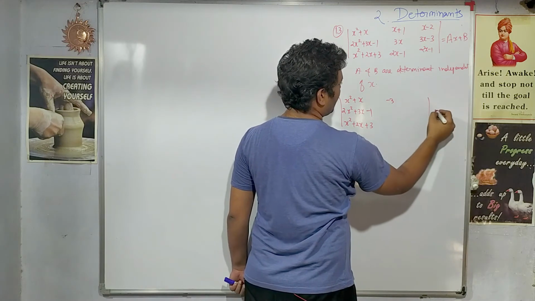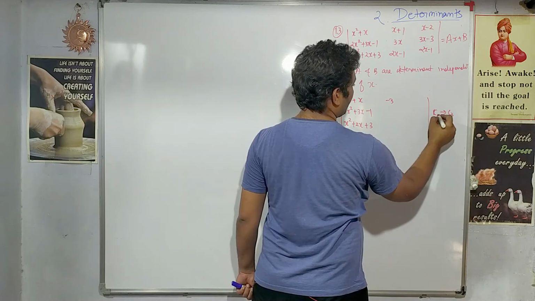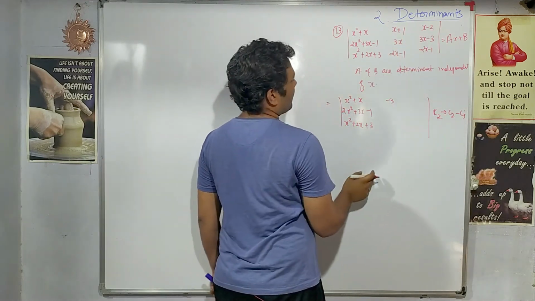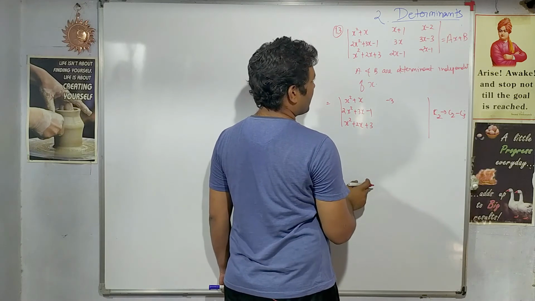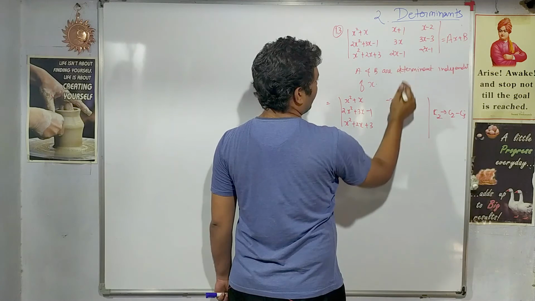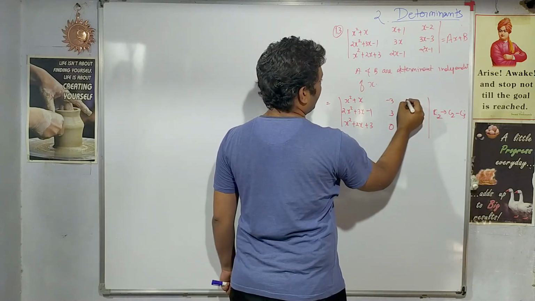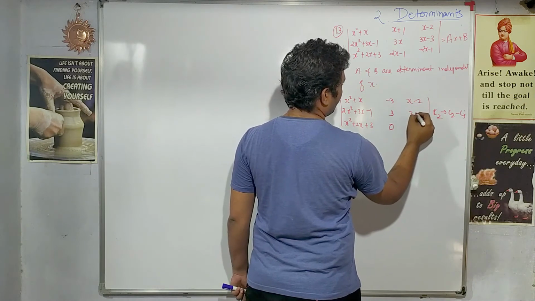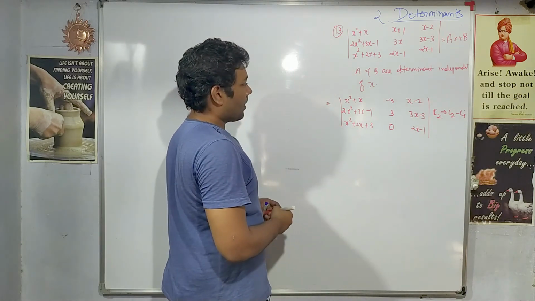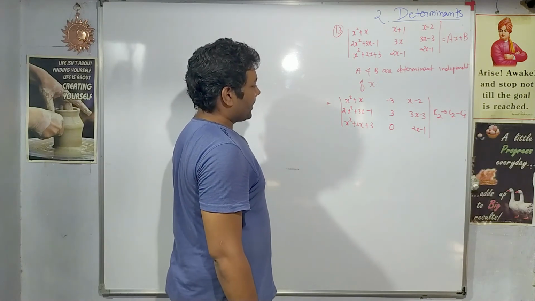What is the operation? The operation is C2 minus C3 that I am doing. So x minus x is 0 and plus 3, this one minus 0, and here it will give me plus 3. Here if I do the subtraction, I think I will get 0. Then the third column I write down as it is. Then can anything else be done?